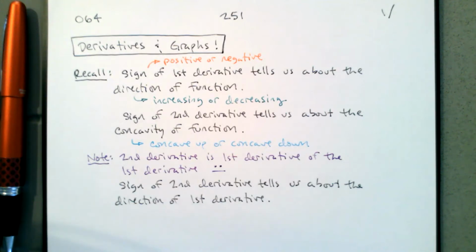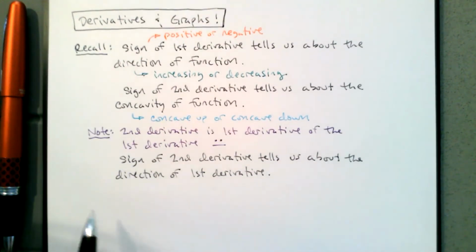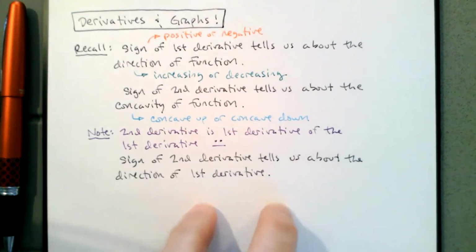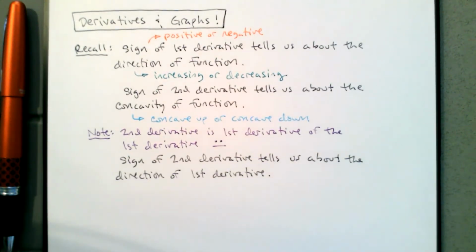I like to summarize this in a couple of different ways. These are the words that go with the idea, and what I usually write down is the relationship between the function, the first derivative f prime, and the second derivative f double prime.